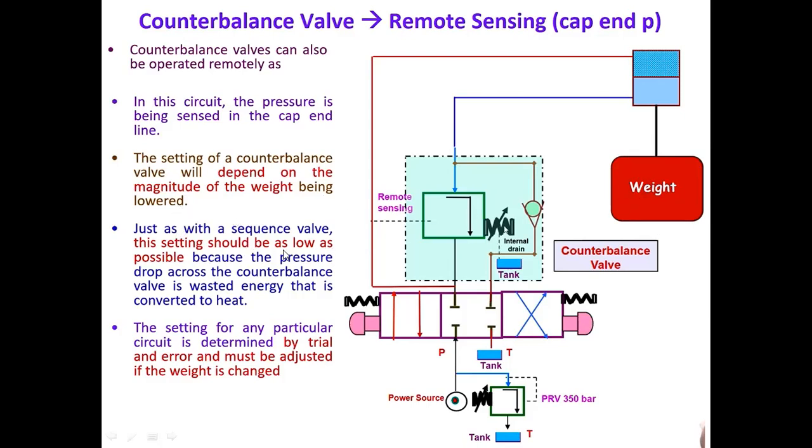Just as with the sequence valve, this setting should be as low as possible, because the pressure drop across the counterbalance valve is wasted energy that is converted to heat.